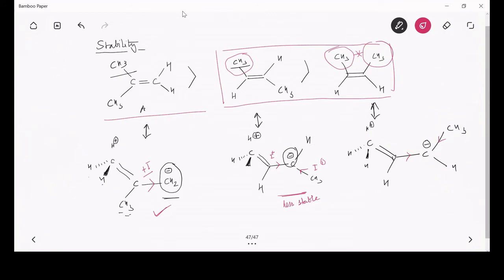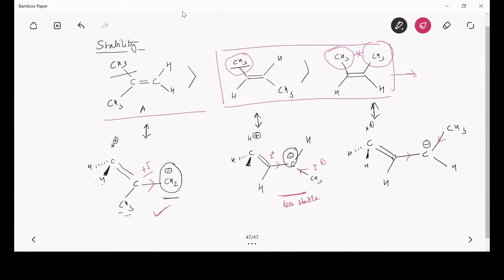So that repulsion can overall decrease the stability of the system. That is what is happening in case of cis-butene. The two methyl groups which are very near to each other are destabilizing the whole system because of their interaction.